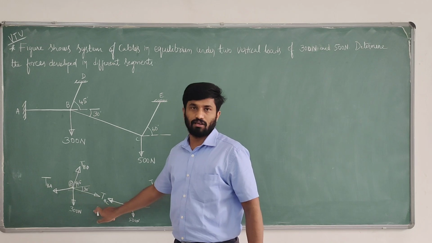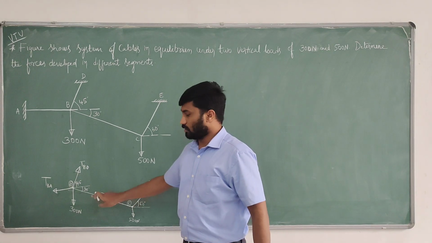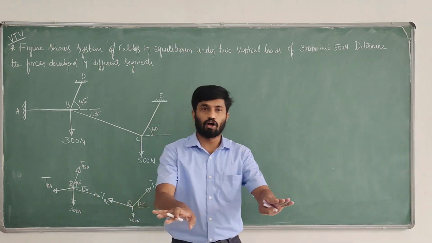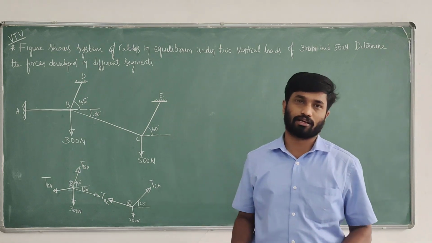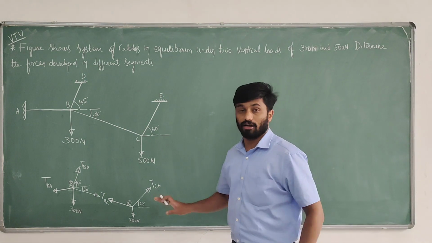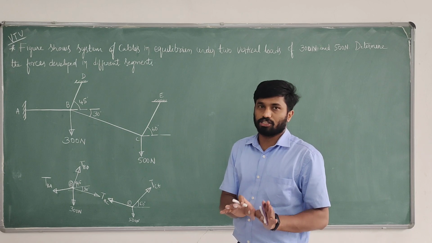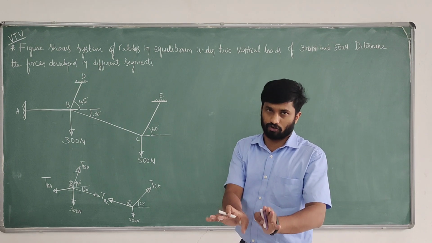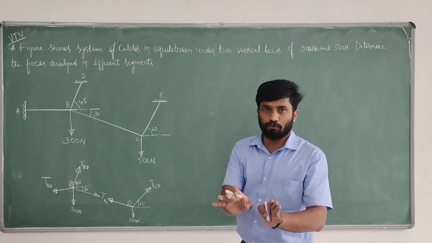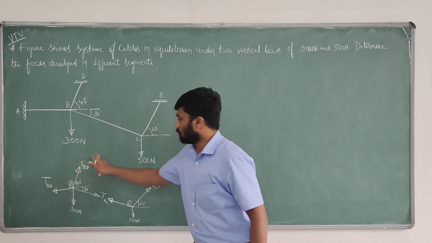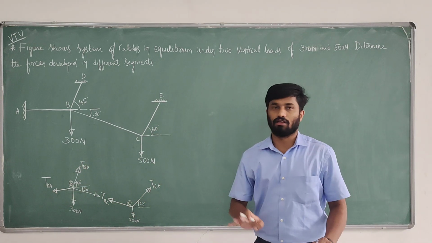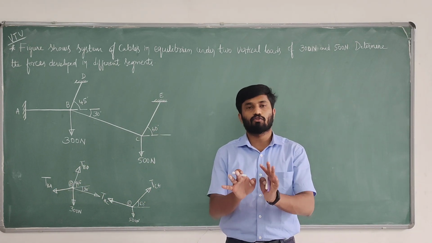Once you get TBC, substitute it in joint B, where you have 4 forces. Resolve and apply equations of statics. The ultimate aim of the problem is to determine the unknown member forces: TBA, TBD, TBC, TCE.